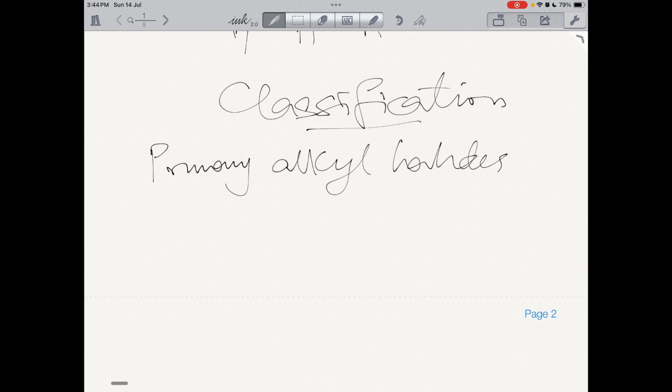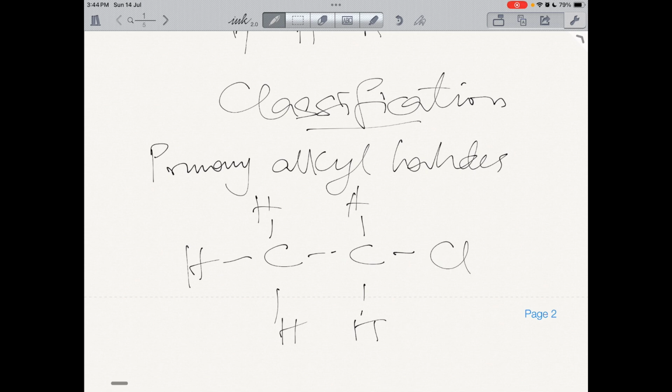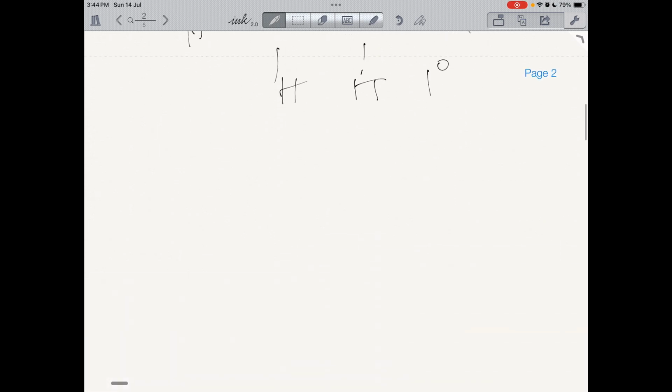This classification is basically about the location of the halogen in the alkyl halide. So when you have the halogen hanging on a carbon atom that has two hydrogen atoms attached to it, you call that primary. So that's primary alkyl halide.